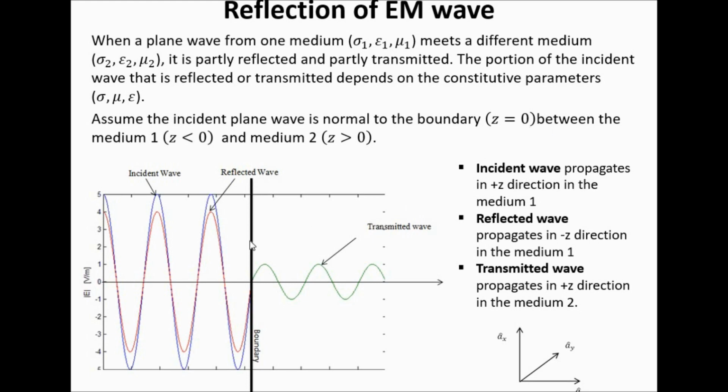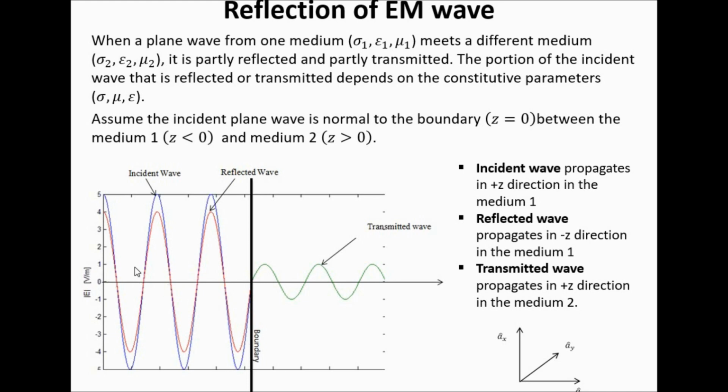This black line is the boundary. Let's assume this is the z-axis. This side will be z positive and this side z values are negative, and the interface between the two mediums is z equal to 0.